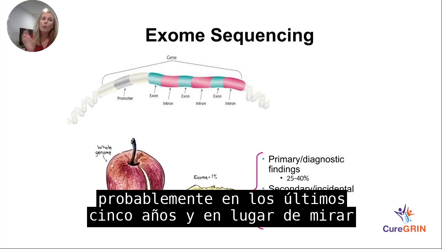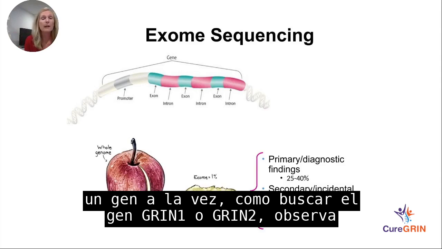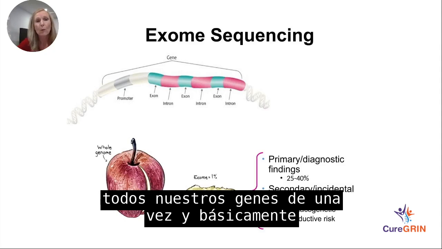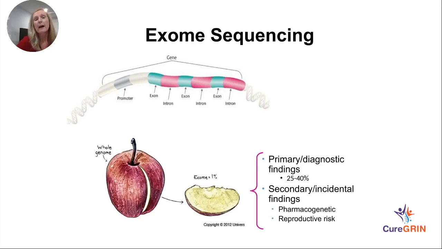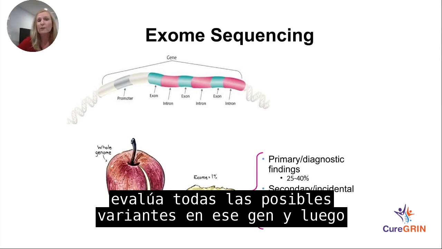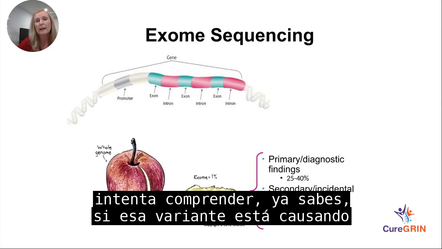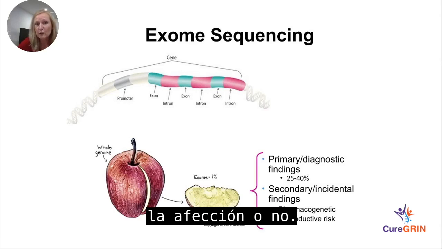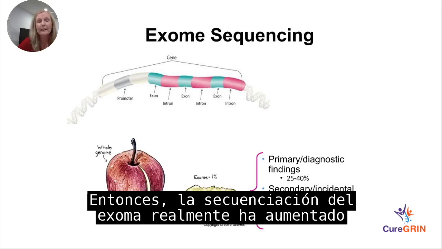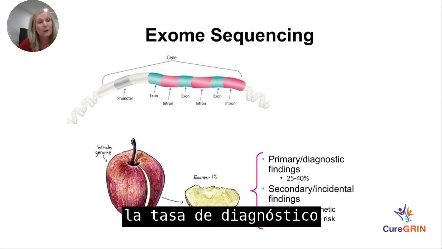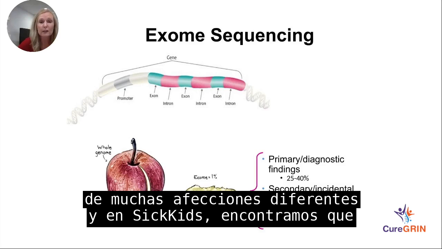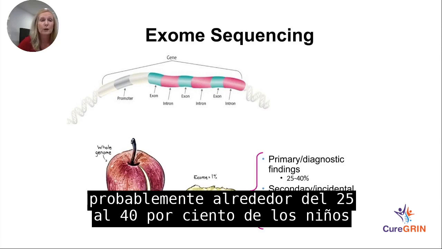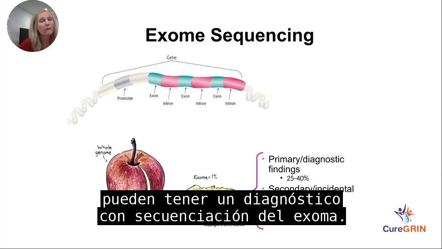And instead of looking at one gene at a time, like looking for a GRIN1 or GRIN2 gene, it looks at all of our genes in one go and basically assesses all of the potential variants in those genes, and then tries to understand whether that variant is causing the condition or not. So exome sequencing has really increased the rate of diagnosis of many different conditions. And at Sick Kids, we found that probably about 25 to 40% of children are able to have a diagnosis with exome sequencing.